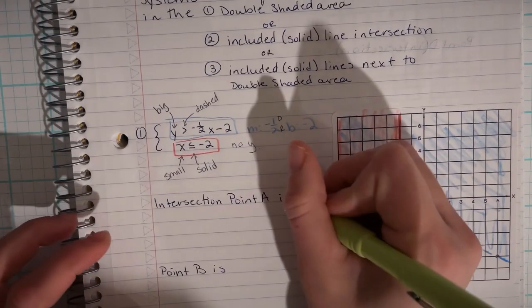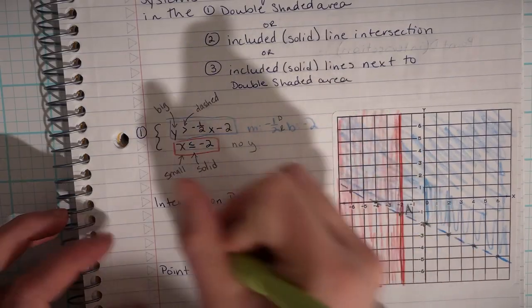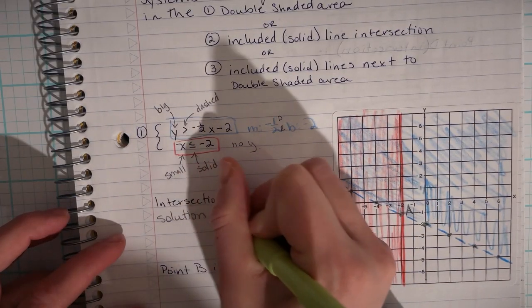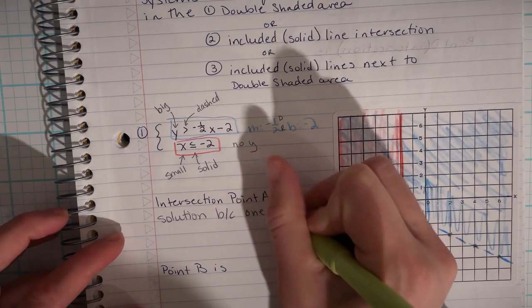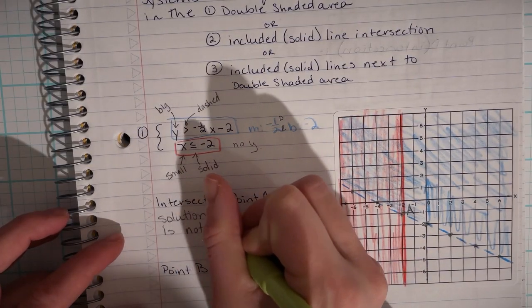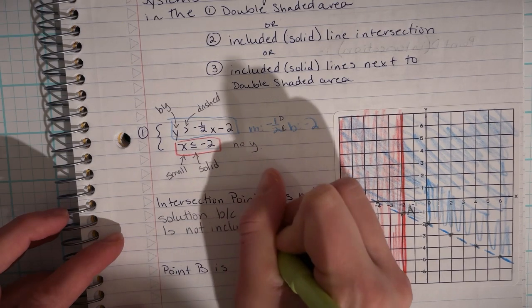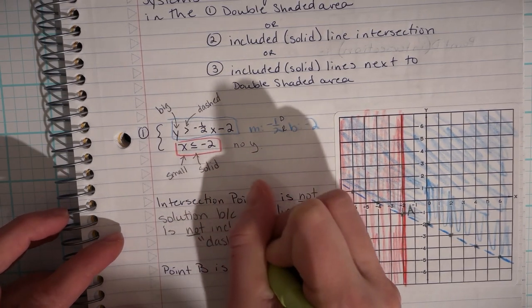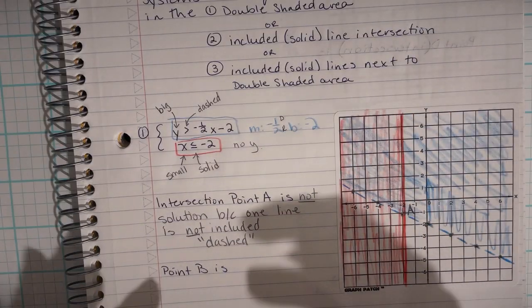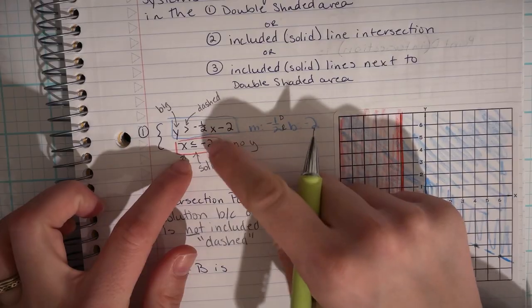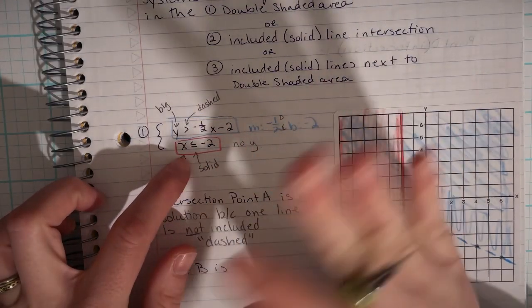So it's not a solution because one line is not included, right? AKA it was dashed. Okay. Because when we talk about a system, if it's not true for both of these, then it's not going to be true at all.